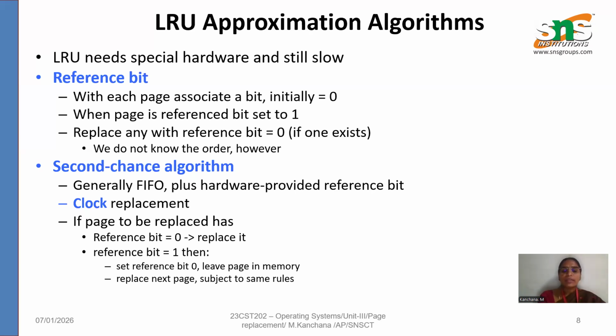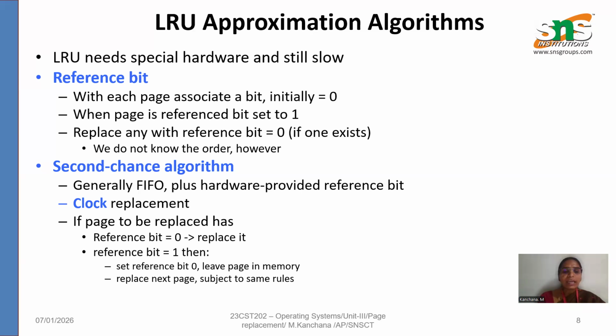Every page gets a single bit initialized to 0. Whenever the CPU references that page, the hardware automatically flips the bit to 1. So when we need to replace a page, the OS, that is the operating system, searches for any page whose bit is still 0.